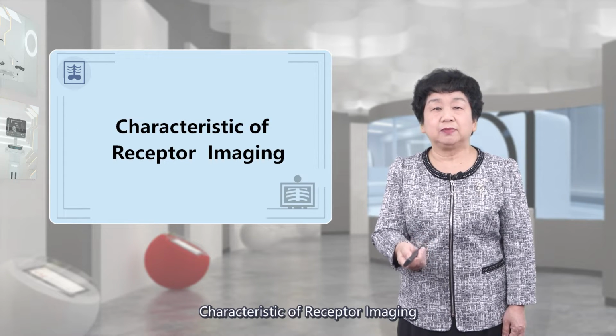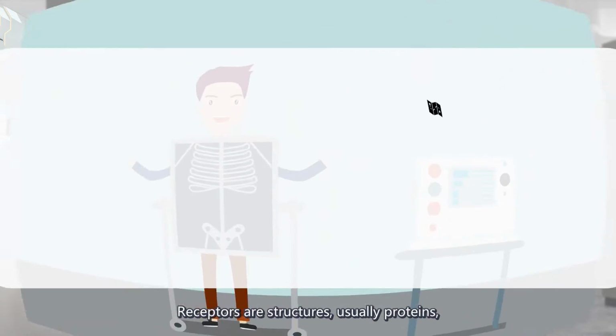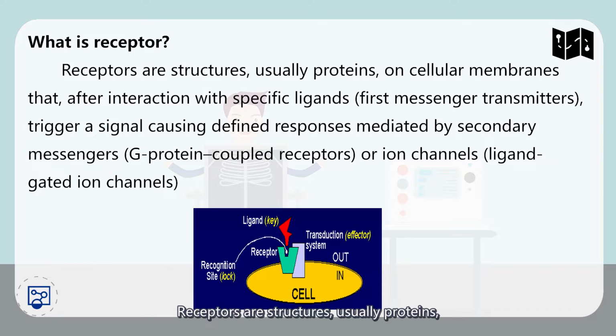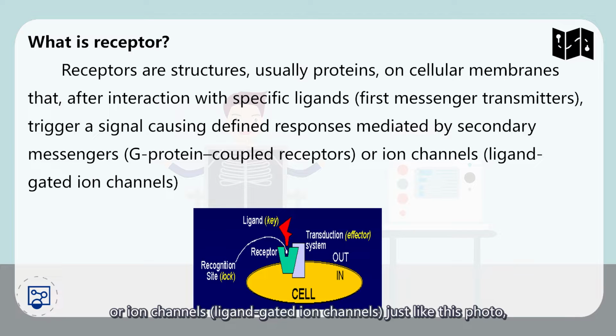Characteristics of receptor imaging. First, we should know what a receptor is. Receptors are structures, usually proteins, on the cellular membrane that, after interaction with a specific ligand, usually called the first messenger or transmitter, trigger a signal causing a defined response mediated by secondary messengers, G protein coupled receptors or ion channels, ligand-gated ion channels.